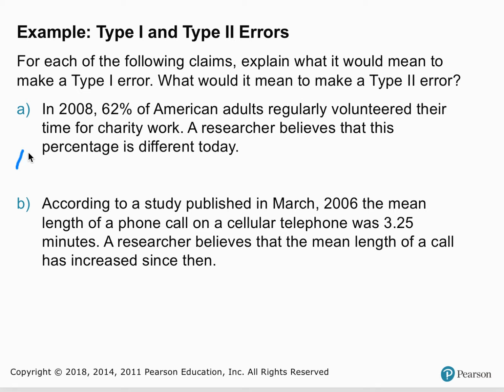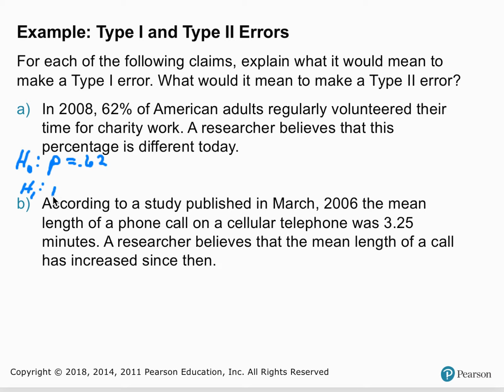Okay, so let's get our hypotheses. All right, this is just a percentage of the population, so I don't know why I wrote a mu there. I haven't even figured out what I need yet. So I need a p for the population proportion, and it's always that it's equal to.